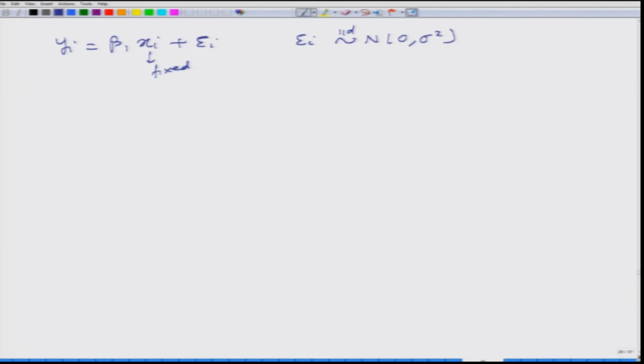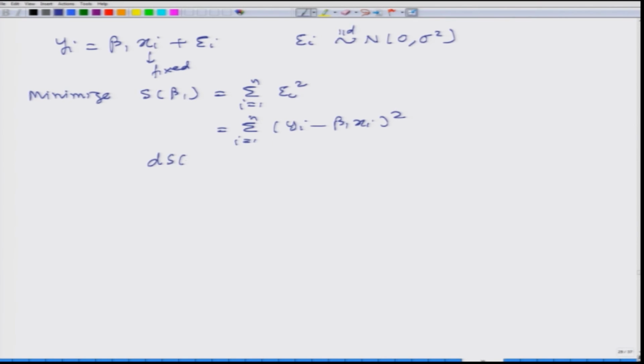So, I again use the principle of least squares and try to minimize the sum of squares, which I denote here as S of beta 1, the sum over i from 1 to n of epsilon i square, and this is nothing but the sum over i from 1 to n of yi minus beta 1 xi, whole square.